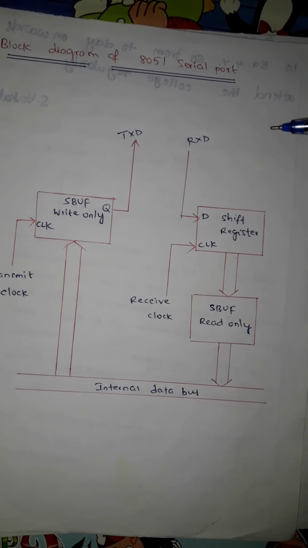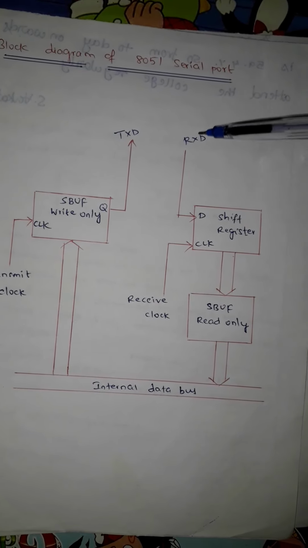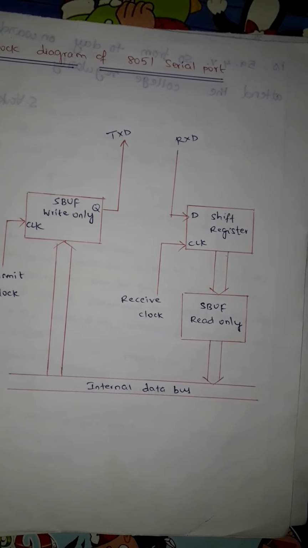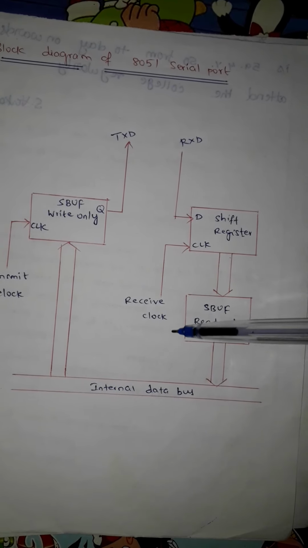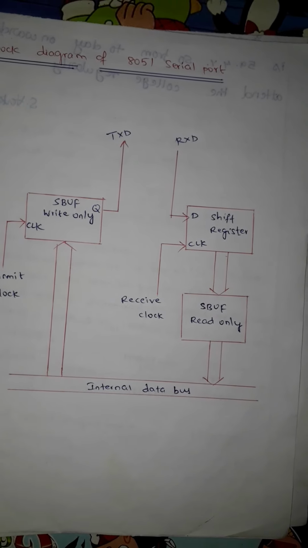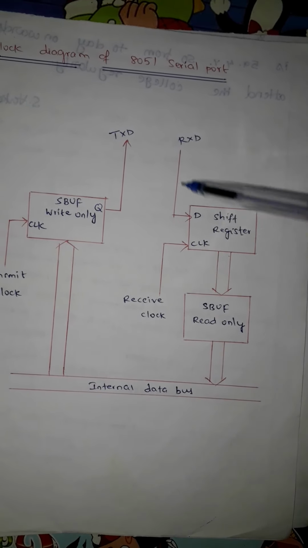Whereas if you want to receive the data, it is first received into the shift register at the baud rate applied through the clock signal, that is, the receive clock is the baud rate at which the data is received.